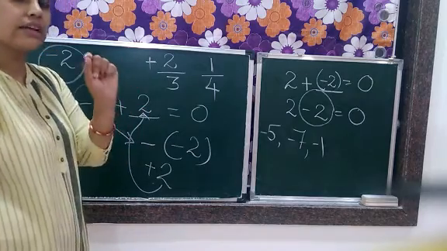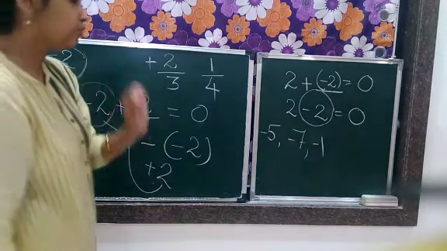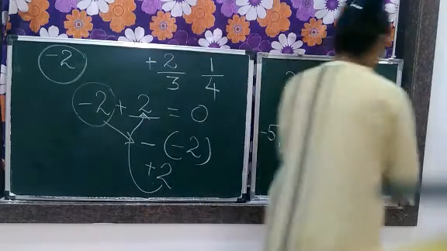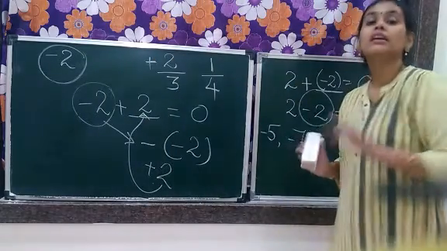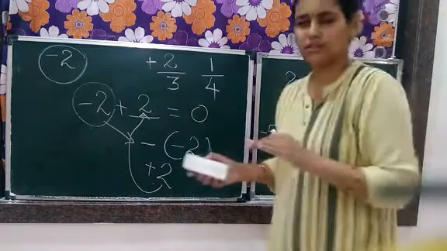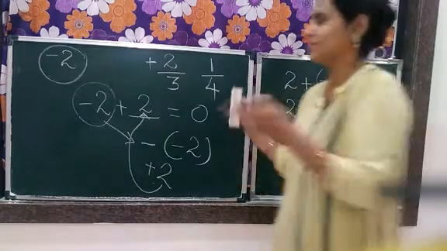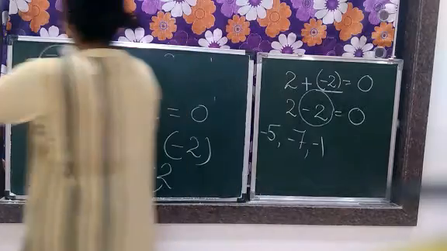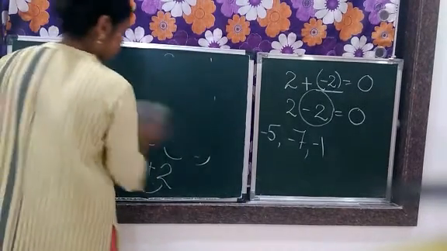Now children, there are certain try-these. We are going to do those try-these and then we are going to go ahead with the next operation of rational numbers. Since I was teaching integers, I entered the topic of integers.